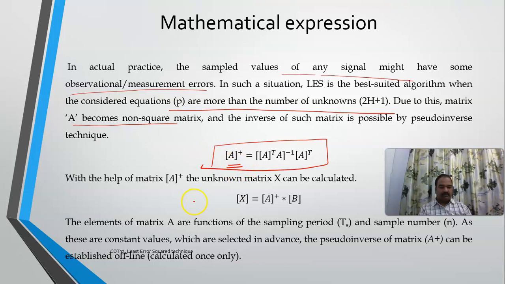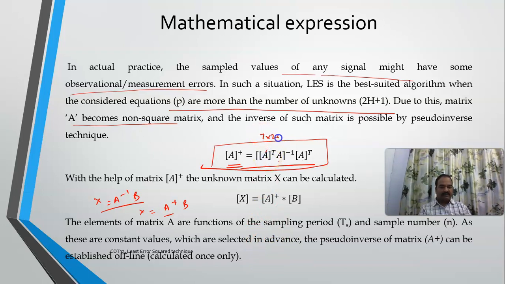Okay. So now, instead of this, you will write the pseudo inverse times B. The pseudo inverse formula is A transpose A, whole inverse, times A transpose. Now let us suppose you have 20 samples and 7 unknowns. A is 20 by 7, so A transpose is 7 by 20. 7 by 20 times 20 by 7 gives 7 by 7. The inverse of the 7 by 7 is again 7 by 7, multiplied by A transpose, which is 7 by 20.